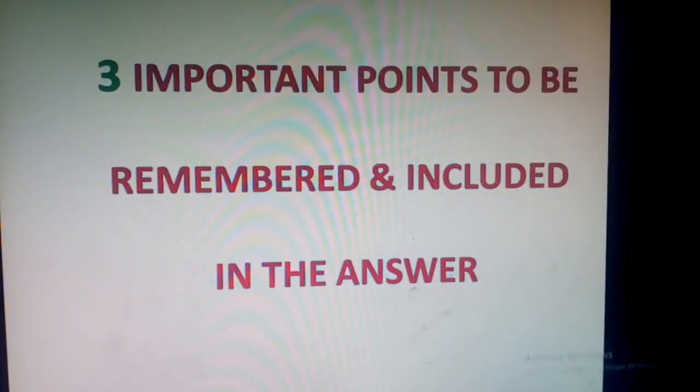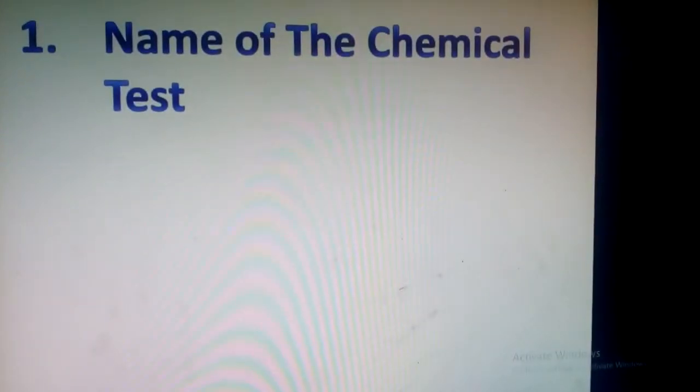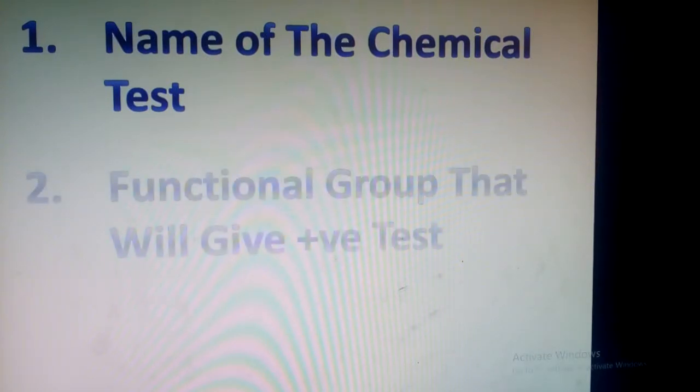Whenever we have to write answers for such questions correctly, we should keep in mind three things to be mentioned in the answer. These three important points are: first is the name of the chemical test. So you have to mention as headline the name of the chemical test.